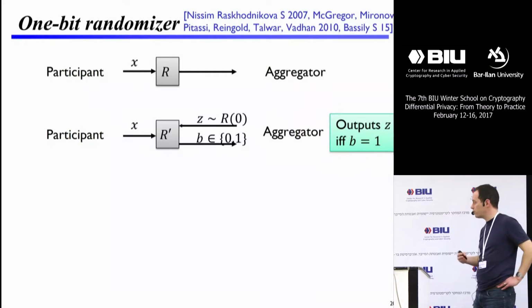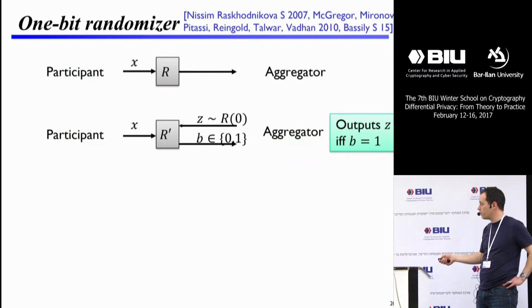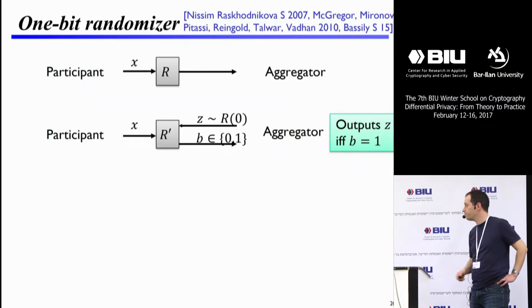Okay? So this is a special case of what's called rejection sampling. I want to sample from the distribution R of x, but what the aggregator is going to do is sample from R of 0 and then have the participant help decide whether or not to keep this value or throw it out.